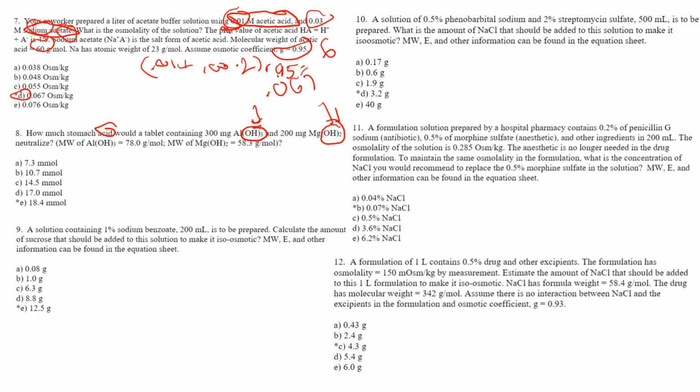If we have 300 milligrams, we have 0.3 grams of aluminum hydroxide divided by 78 grams per mole. And then we'll multiply this by 3, because the rationale for this is, no, sorry, I have this written backwards.